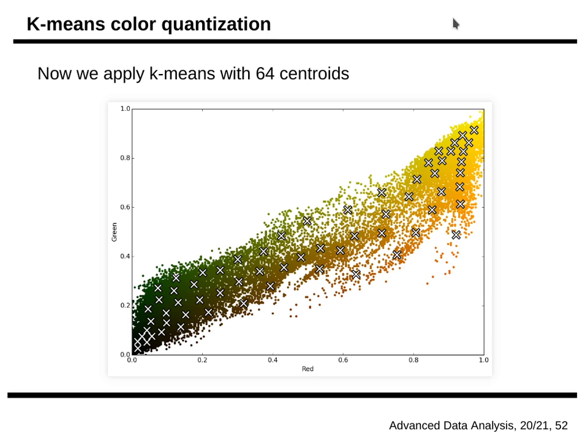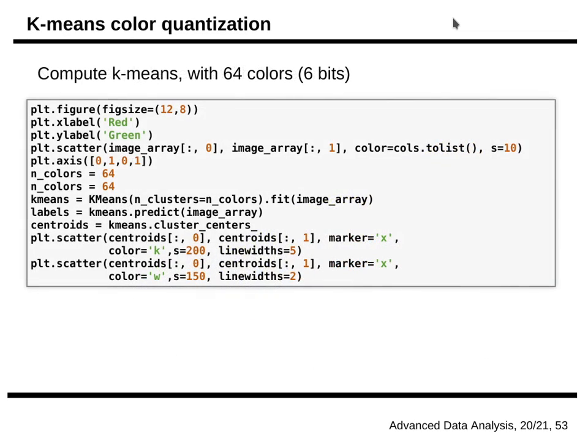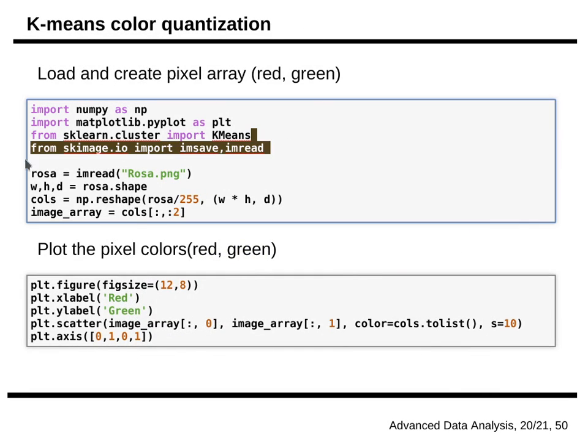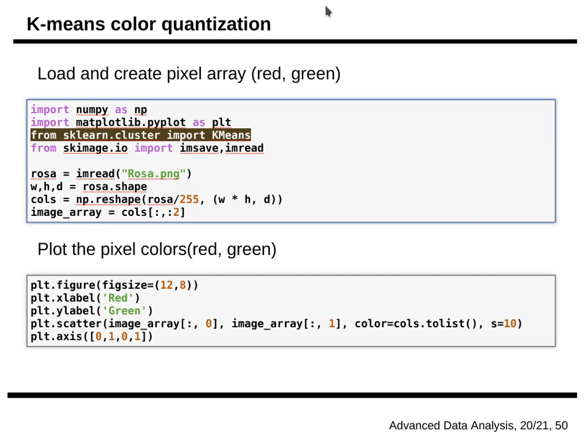Okay, so now we can use k-means, for example, with 64 centroids, and try to find representative colors that are distributed here according to the density of these clouds of the actual pixel colors that we have. So we use k-means here. You have this class in scikit-learn, so you can import it from the clustering module.